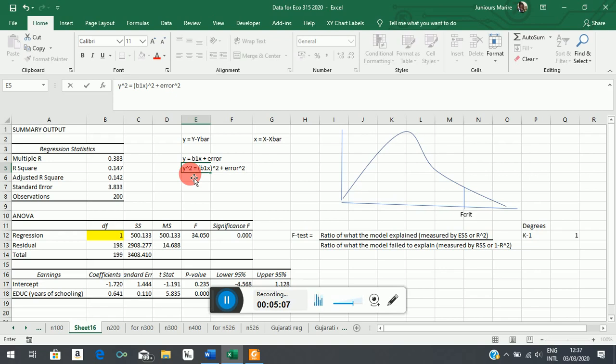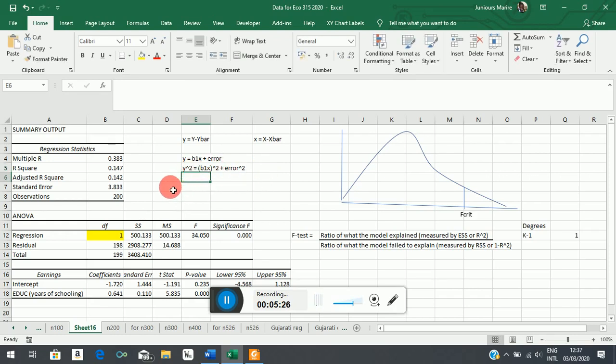But by the assumptions of classical linear regression modeling, that cross product when summed is equal to 0, because we know that the covariance between x and the disturbance term is 0. So we are actually left with these squares.